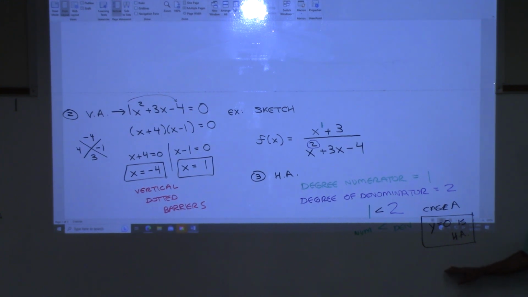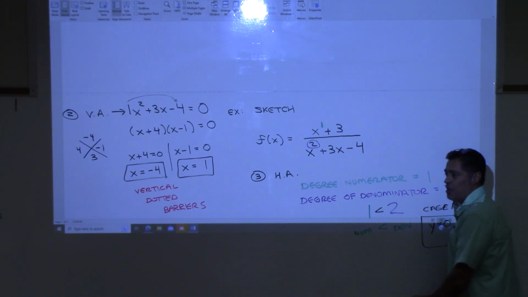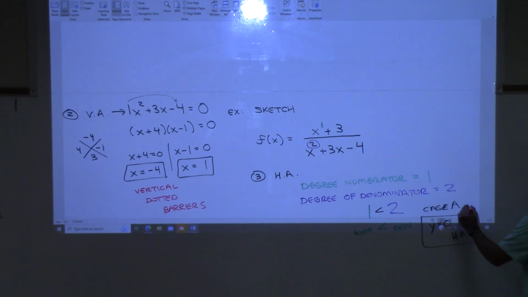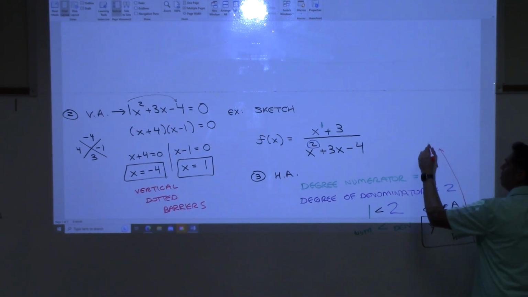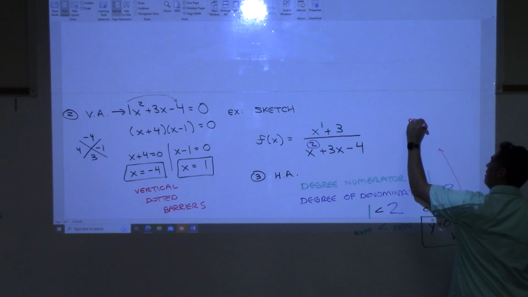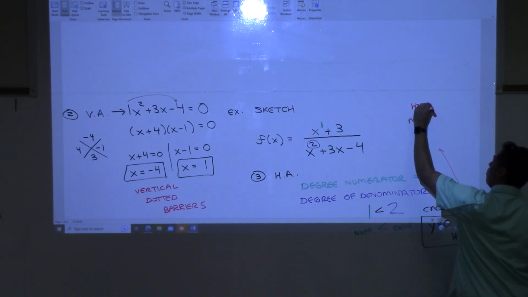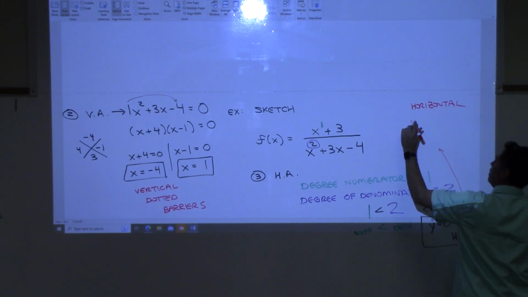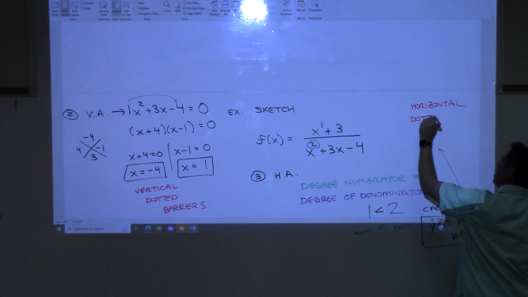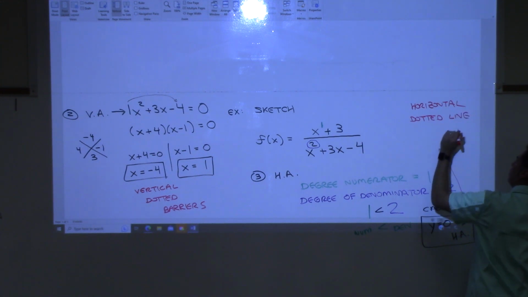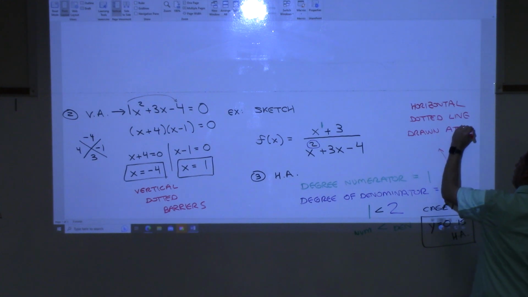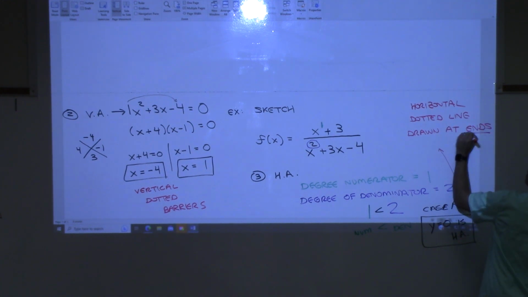Okay, good? Now let's talk again. What is this on our graph? Well, this is our horizontal asymptote. And the way I told you in class last time to think about this is that it's a horizontal dotted line drawn at the ends only.